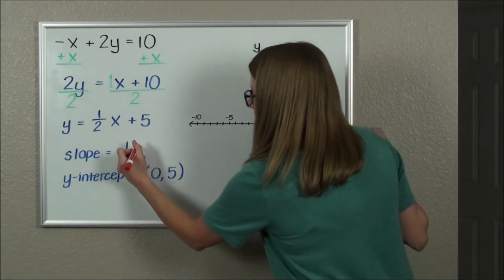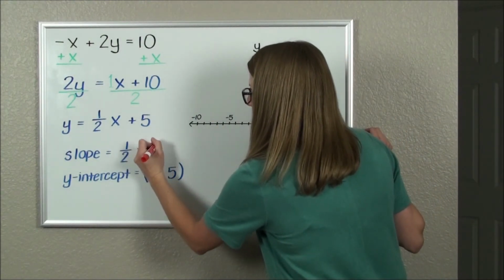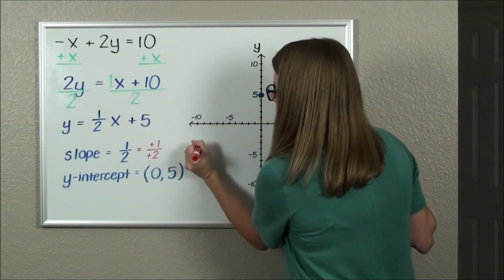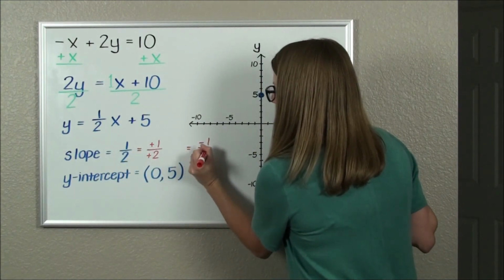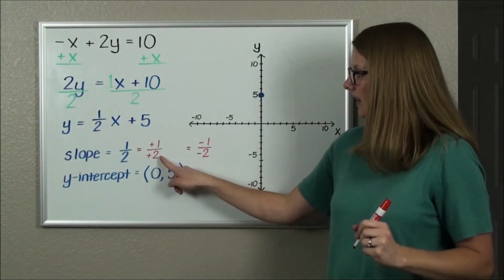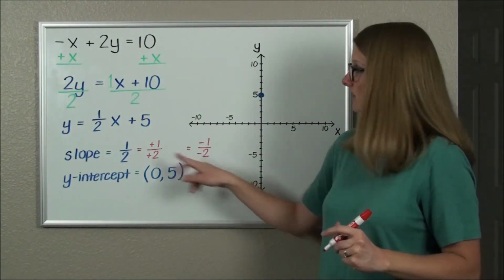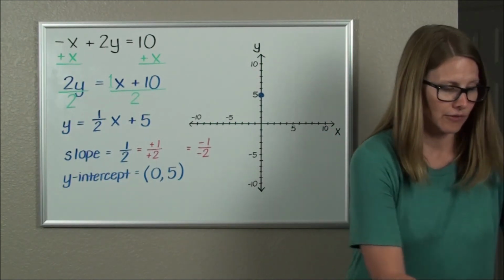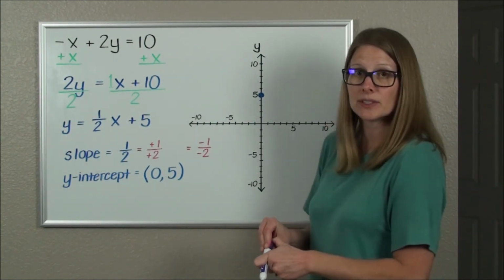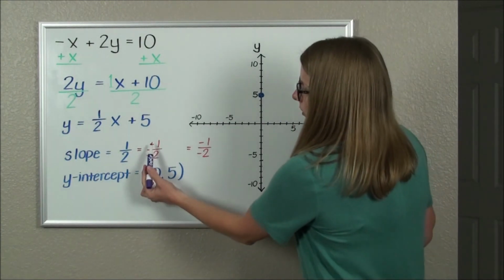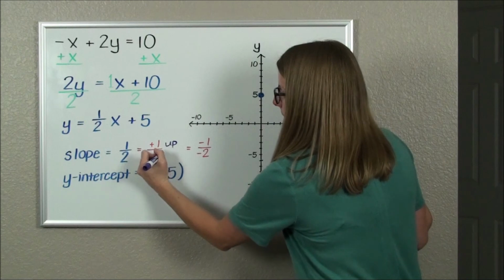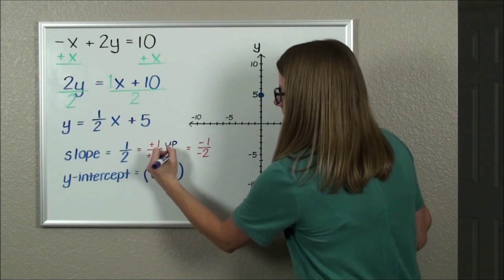So 1/2 you can think of as positive 1 over positive 2, but you can also think of it as negative 1 over negative 2. Whether you have 1 divided by 2 or negative 1 divided by negative 2, it's still a half. It's still positive a half. Using those two different forms, though, it gives us a couple different combinations of directions. So rise over run, this could be a positive up over a positive right.